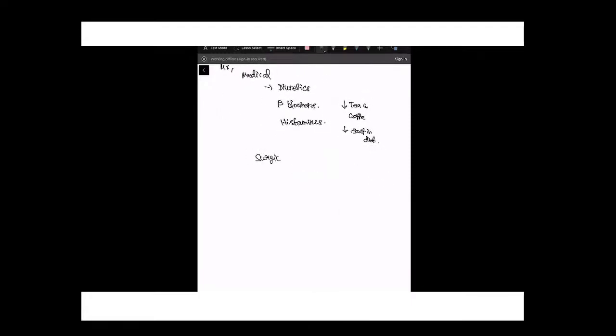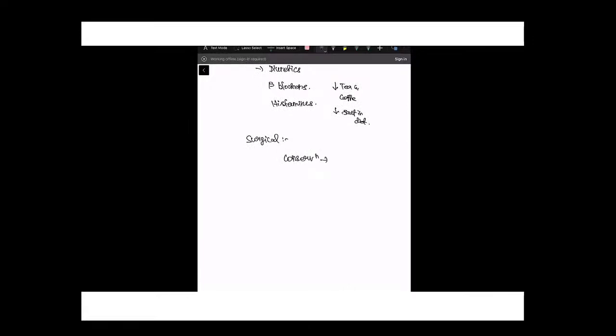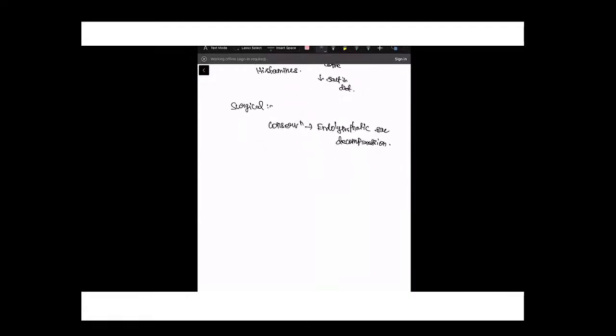Surgical: conservative surgery, we can go for endolymphatic sac decompression, and the radical surgery is surgical labyrinthectomy.